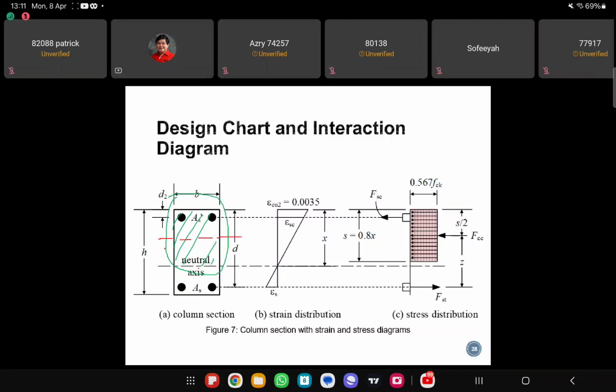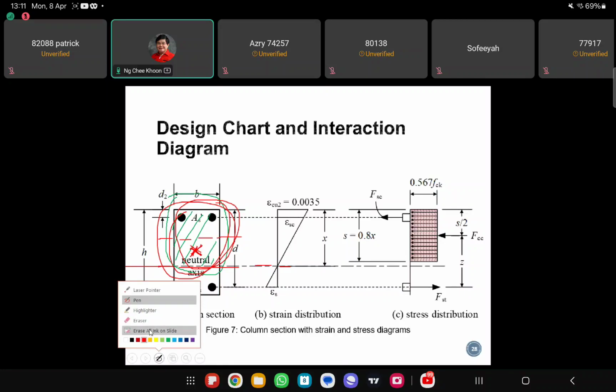But for a column, the neutral axis is much lower, because of the axial load that is acting into the page here. So this is the cross section of the column, and the axial force is acting into the page, so it will cause more compression in the cross-sectional area of the column.